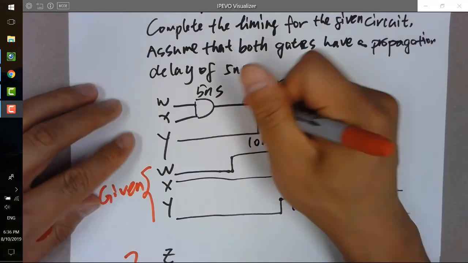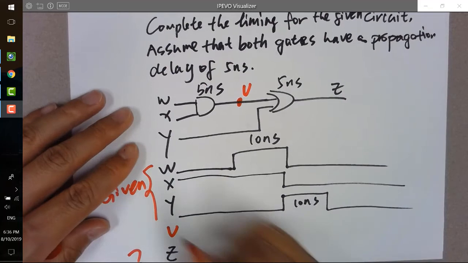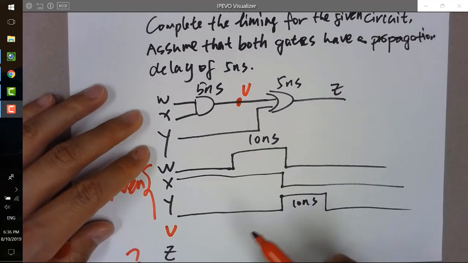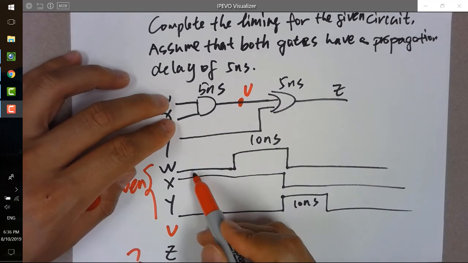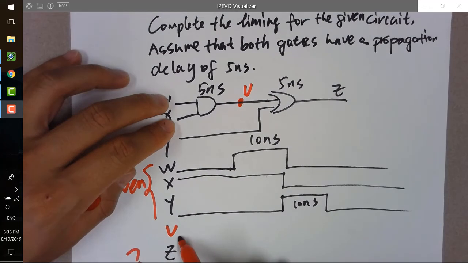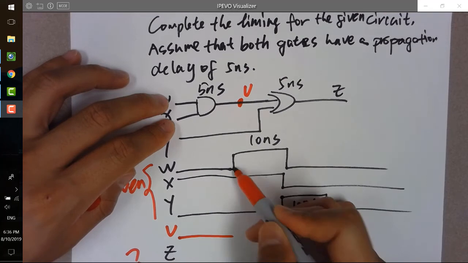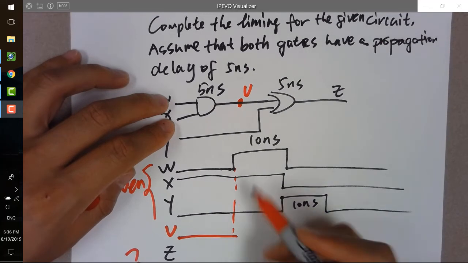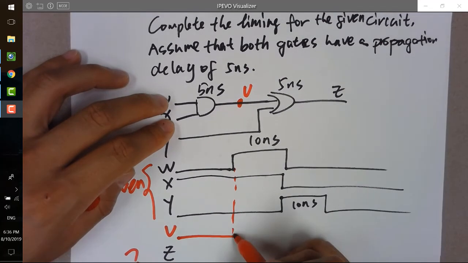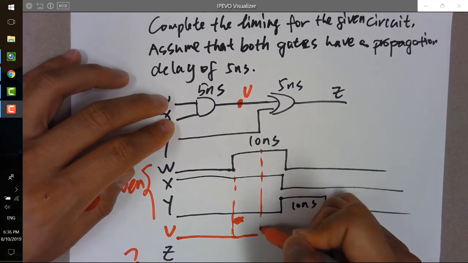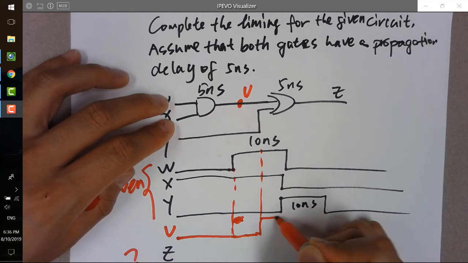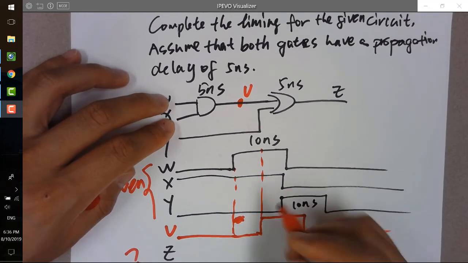So we have an intermediate signal here. Let's just call it V. So what is V? V is W and X, right? So W and X with a 5 nanosecond delay. Let's see. W and X in the beginning is 0 until here. Should become 1, but you have a 5 nanosecond delay. So not here. So after the 5 nanosecond delay, you should have this 10 nanoseconds.